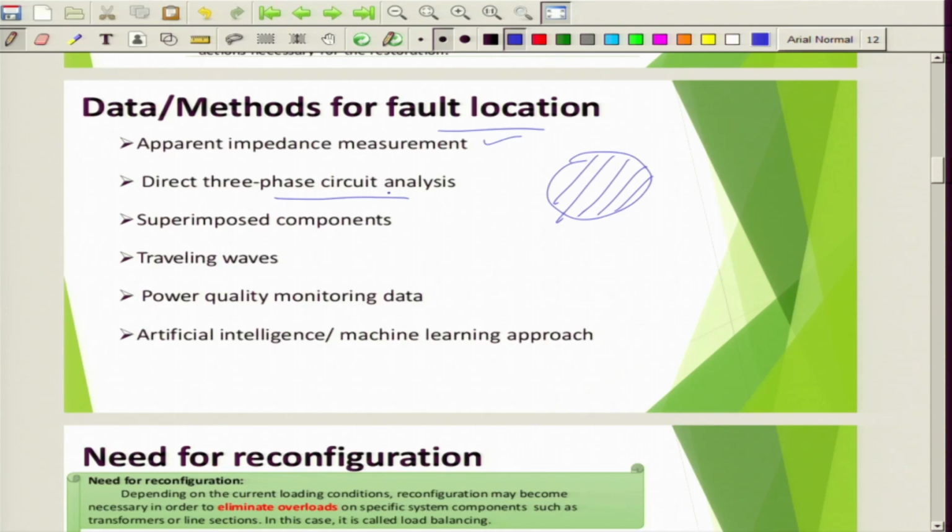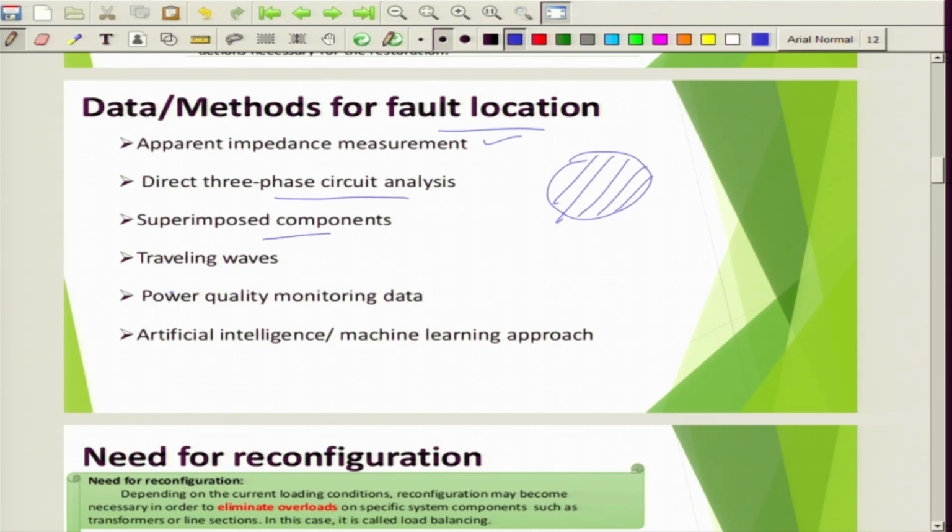But the challenge with this apparent impedance measurement is in real time, because if there are inverters placed in the system, the inverters will also try to inject, they also try to support the fault. A continuous flow of fault current may happen, and exact impedance measurement is quite a challenging task. Another approach is direct three phase circuit analysis.